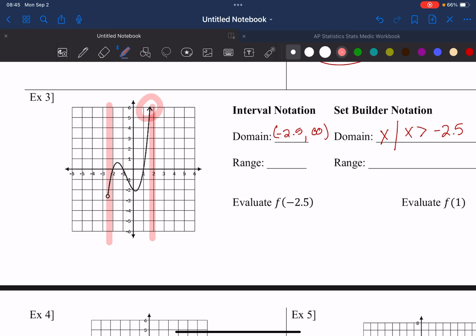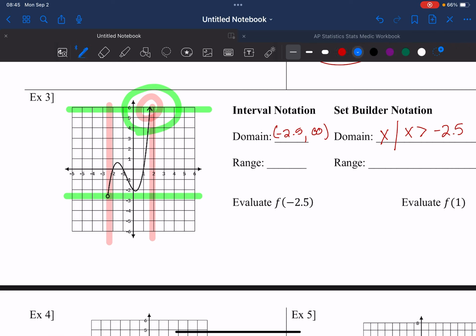Now looking at our range, so I'm going bottom to top. Looks like the same thing's happening. If I look at the top, it looks like it might stop at 6, but since I have that arrow, then I can assume that it's going to get larger than 6. So it's going to go to infinity. And then again, it's stopping on the bottom at about -2.5 again.